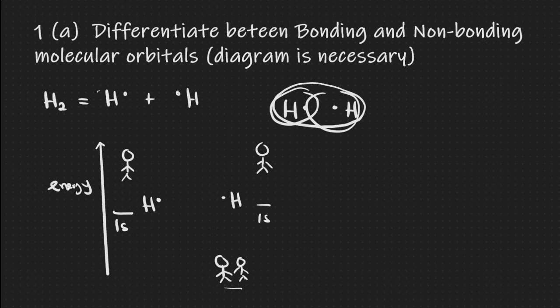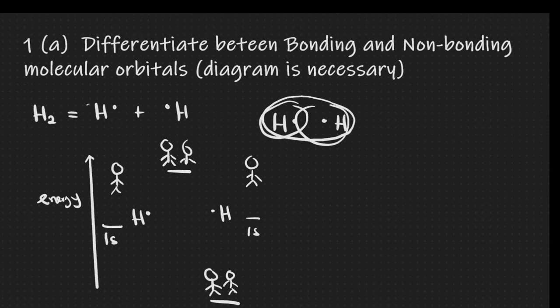Or they may end up together but not being happy. Can you see the difference between this lower energy and this higher energy? These ones are happy, they are stable, while these ones are not happy and are always having contrary views. So there is always a barrier between them.